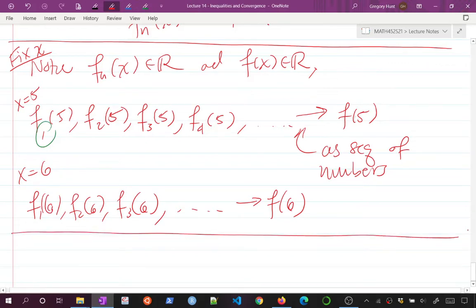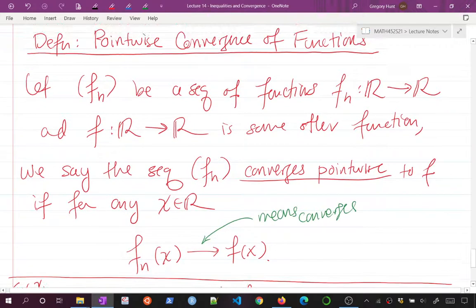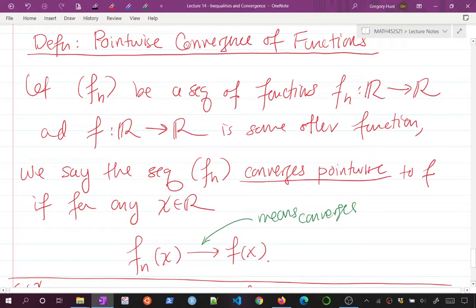So all pointwise convergence is basically you fix the x and then you treat the thing as a sequence of numbers. That's day one of functional analysis, pointwise convergence. Maybe not day one, but day two.